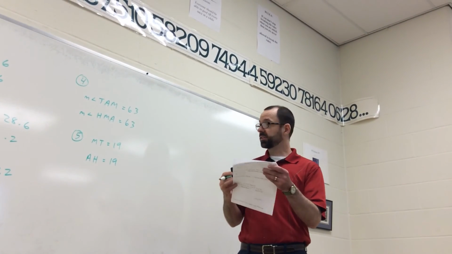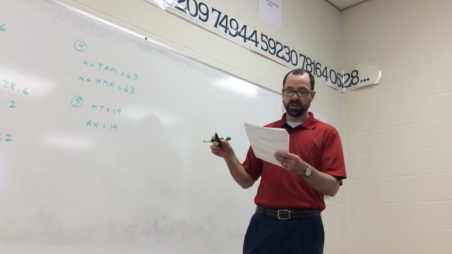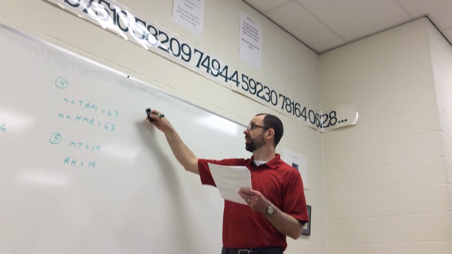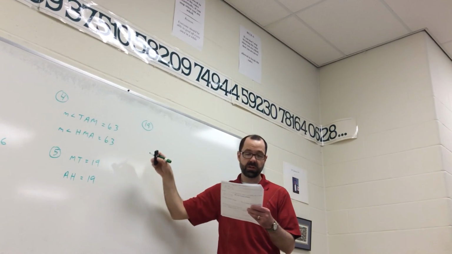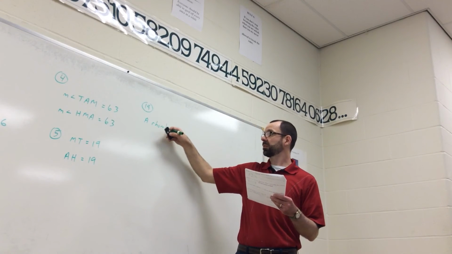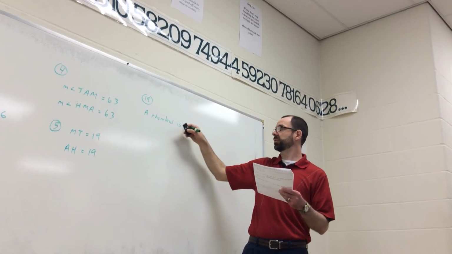All right, the next question is number 19, and this is a true-false question. It says a rhombus is a square.